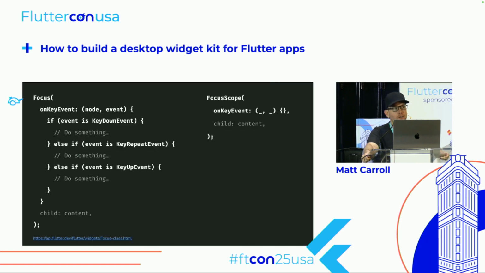This is the most direct way you can respond to a physical key press. Inside of a focus widget, or even a focus scope widget, there's a callback called onKeyEvent. That event receives the focus node it corresponds to and whatever key was pressed. And the way that you actually decide what to do is you need to check the type of event that you're given.